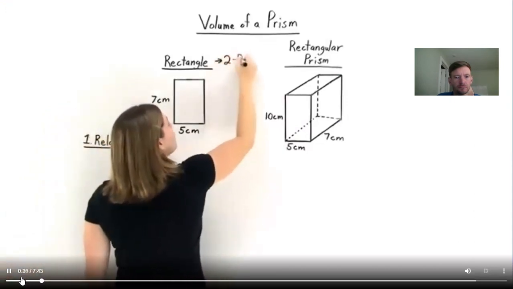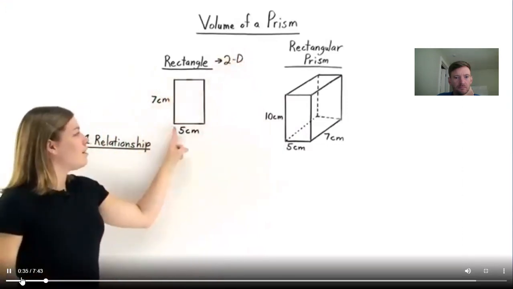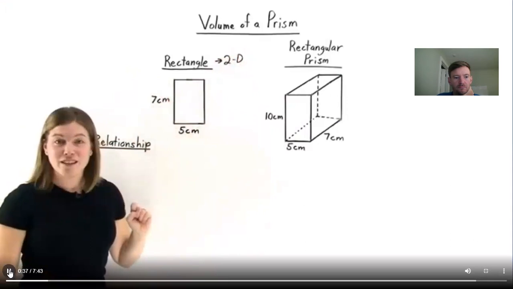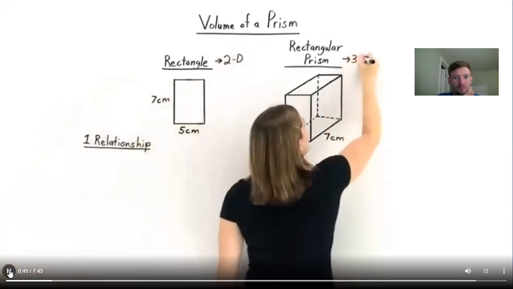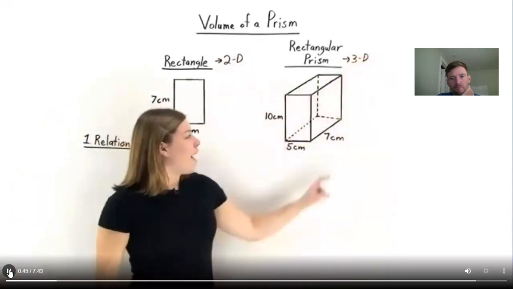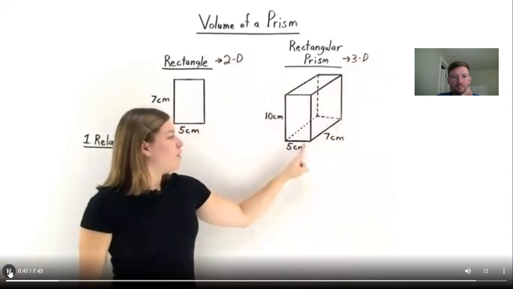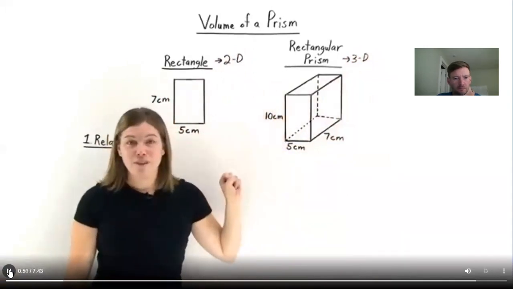That means that we've only been given 2 measurements. Here we have the length of the rectangle and the width of the rectangle. Now, a rectangular prism is a 3-dimensional solid. Here we have 3 measurements. We have the length of the base, the width of the base, and the height of the entire prism.